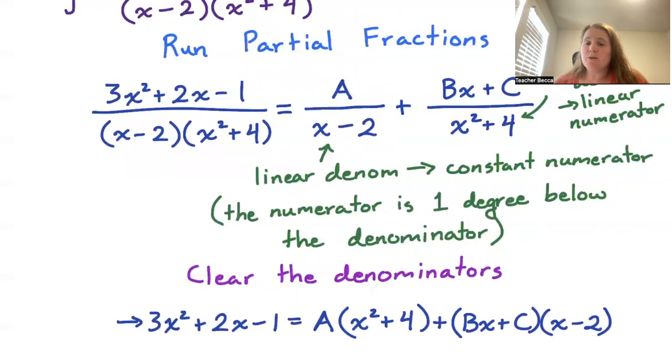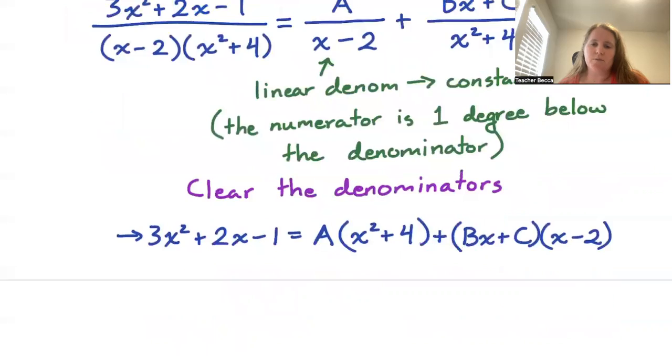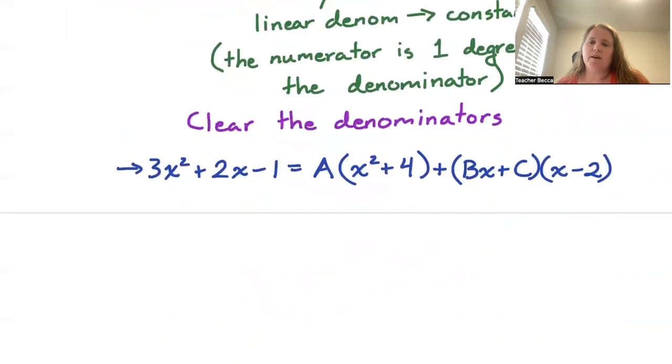Now that x squared plus 4 cannot be made to go to 0 unless you introduce complex numbers. We can make the x minus 2 go to 0.